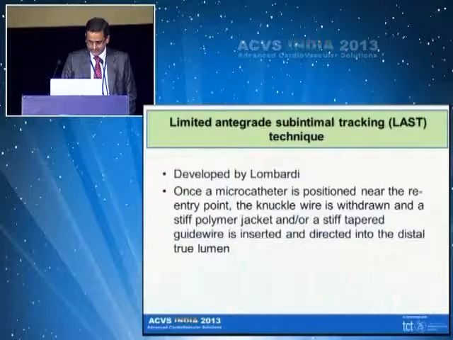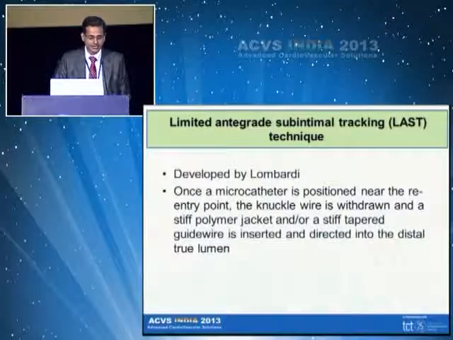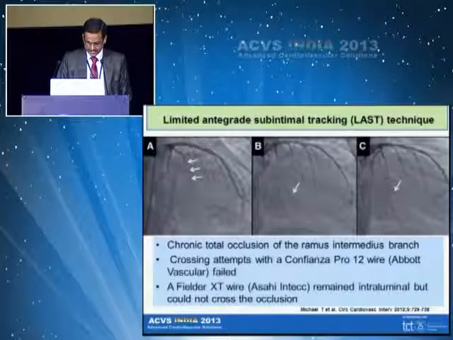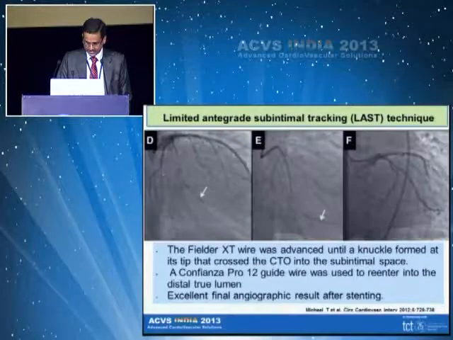Other than this, limited antegrade subintimal tracking is what I practice, especially in LAD CTOs, where it's supposed to be more successful. This is one of the textbook pictures where the Confianza Pro failed to cross a ramus intermedius lesion, was changed to a Fielder XT.